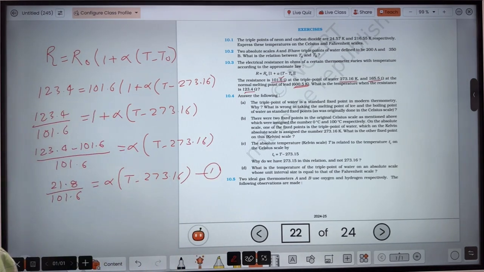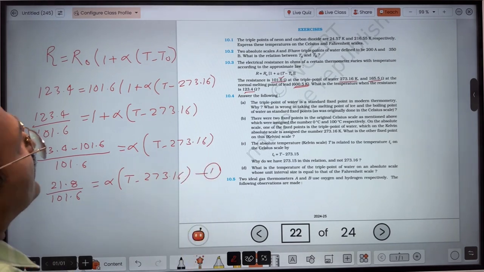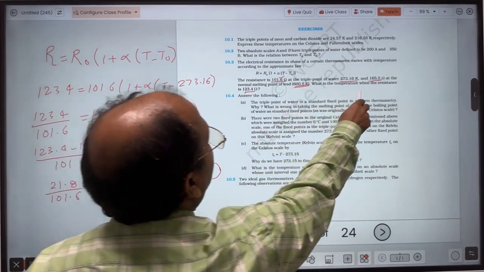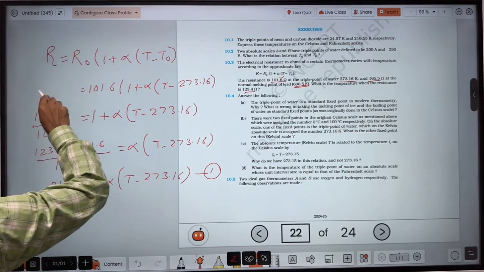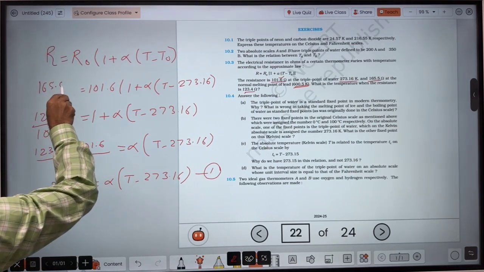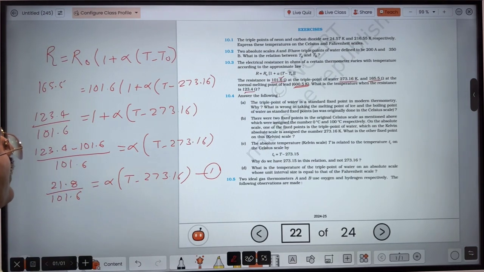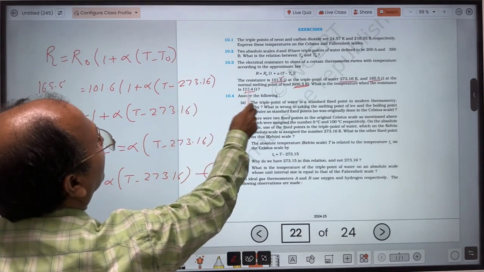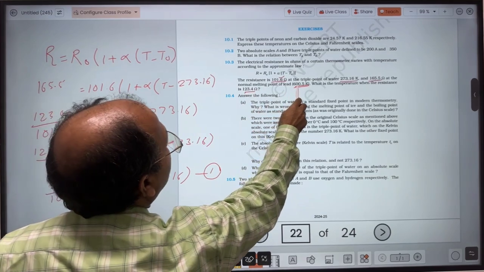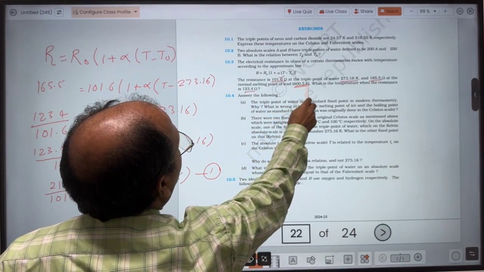And then you can proceed with the second resistance, when the value of resistance is 165.5. So here you can write 165.5, right? And then the corresponding temperature is given. This time it is given as 600.5.